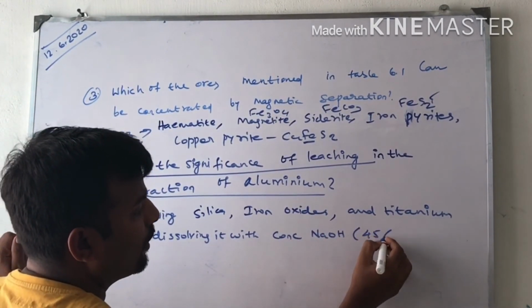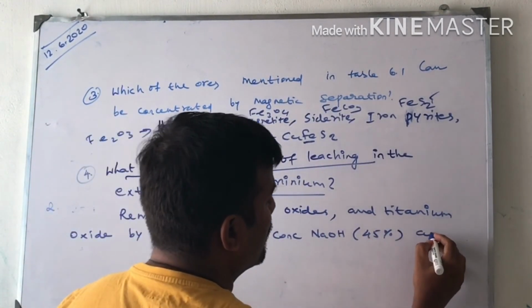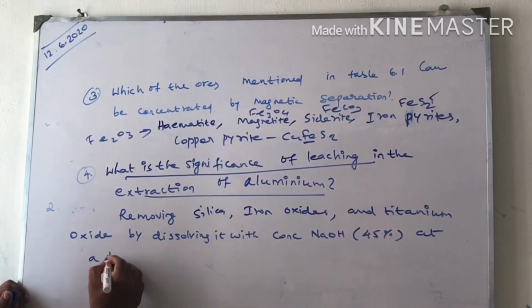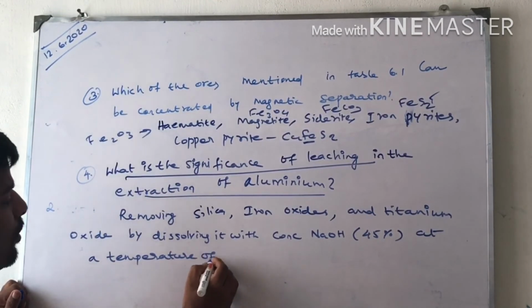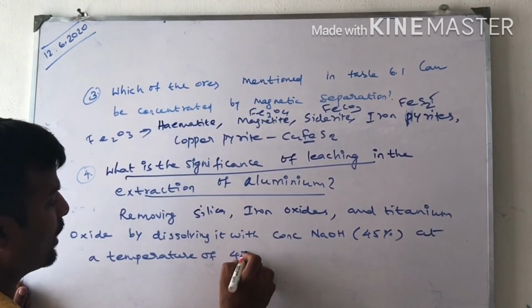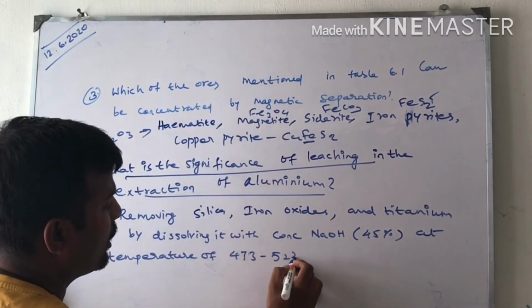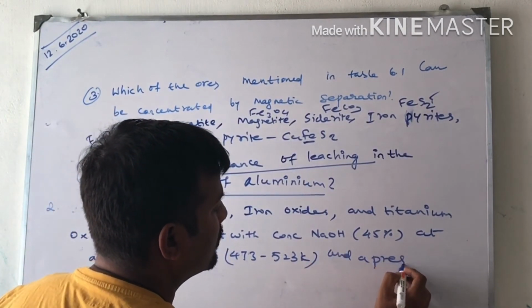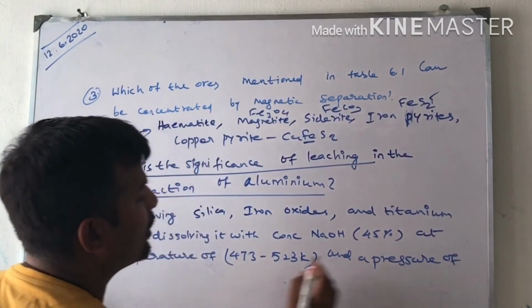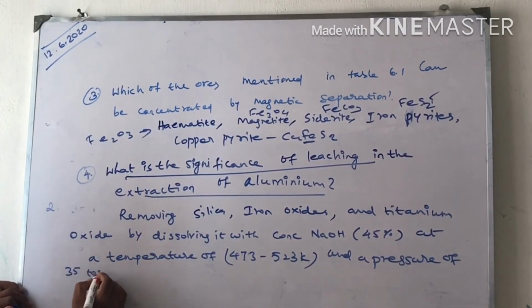The concentration is 45% at a temperature of 473 Kelvin to 523 Kelvin and a pressure of 35 to 36 bar.